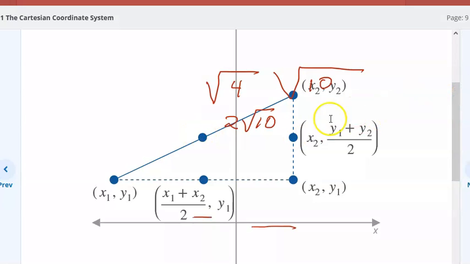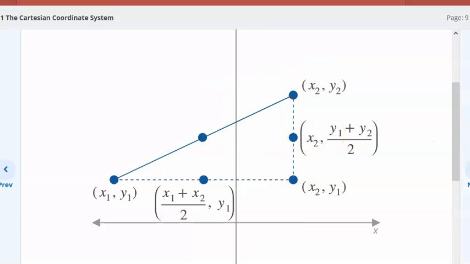Well, if you took your two x values and divided by 2, and your two y values and divided by 2, that would give you the ordered pair of that midpoint. And that's what they're doing. Let's pause and reflect on it again.